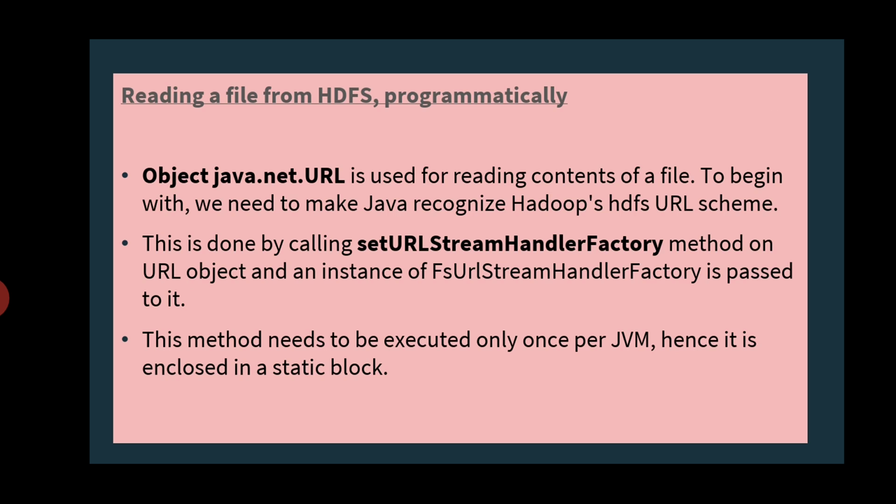First of all, to begin with, we need to make Java recognize Hadoop's hdfs, in the sense Hadoop file system, URL scheme, in the sense uniform resource locator scheme, some structure of representation.